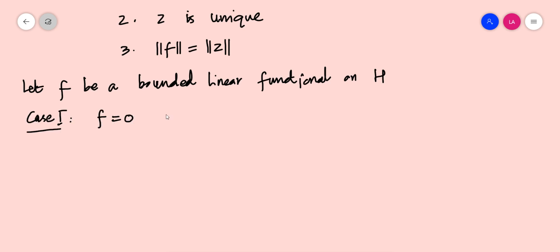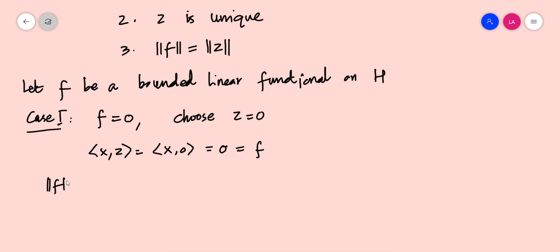First case: f = 0. The zero function is always a bounded linear functional, so f can be 0. If f = 0, then choose z = 0. Then ⟨x, z⟩ = ⟨x, 0⟩ = 0 = f(x). So f(x) and ⟨x, z⟩ are the same whenever f = 0.